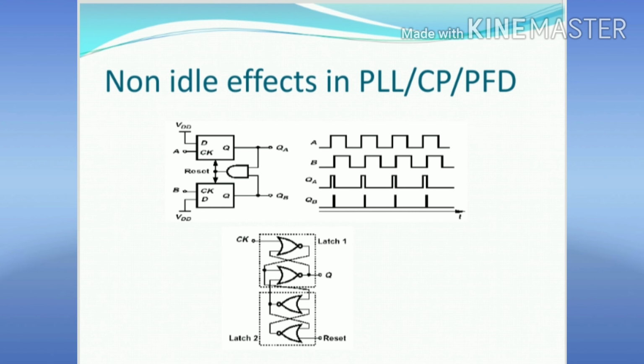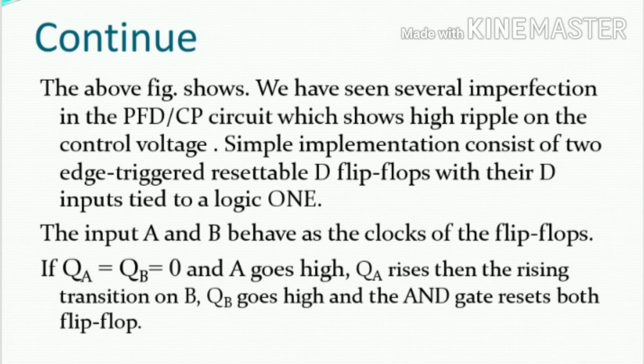In the figure we have seen non-ideal effects in PLL, CP and PFD. We have seen several imperfections in the PFD and CP circuits, which show high ripple on the control voltage. A simple implementation consists of two edge-triggered resettable D flip-flops with their D inputs tied to a logic 1.